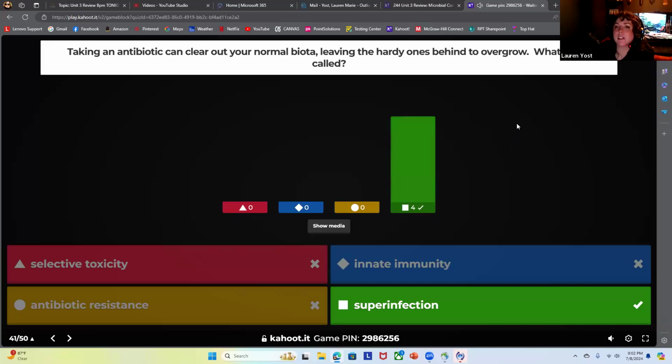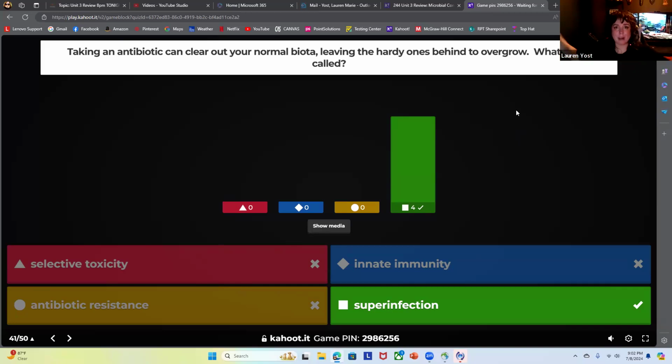We see this with C. diff. People taking a lot of antibiotics, the C. diff will survive because it's got its endospores, and they travel quite easily. So, but anyways, it'll overgrow. Remember, I say it a lot in the lectures, the stadium seats. All of your good microbes taking up stadium seats, some of them that are typically good in small numbers to take up stadium seats, like C. diff might be part of a stadium seat.